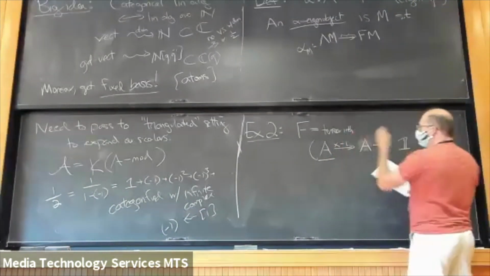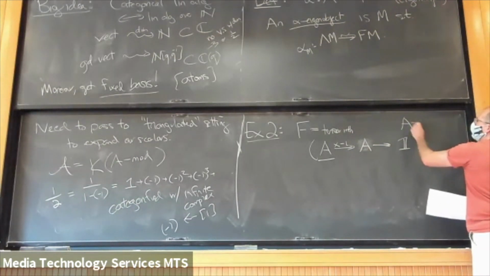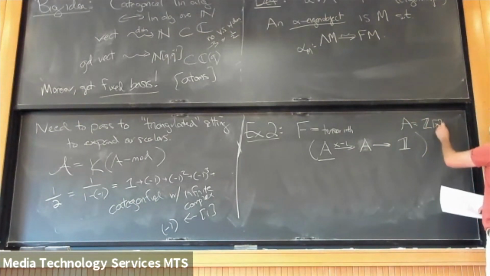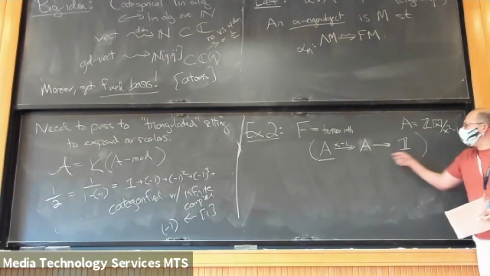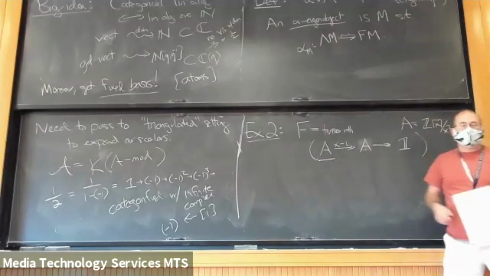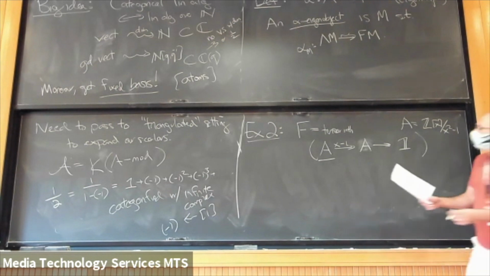This is multiplication by x minus 1. A is Z[x]/(x squared minus 1). Yes, I'll rewrite that. So the kernel of this natural map is this. Okay, this is not obviously motivated right now, but let me show you what happens.